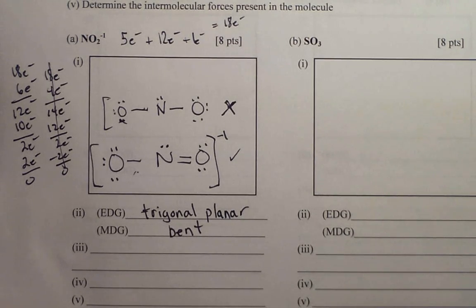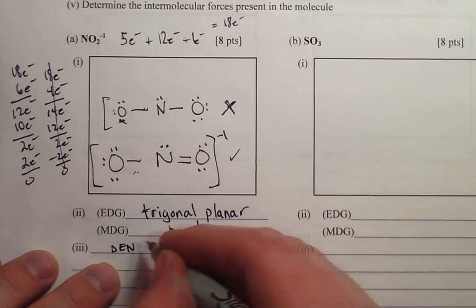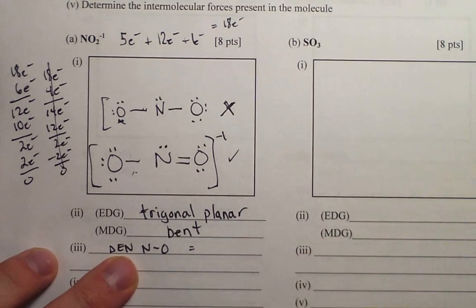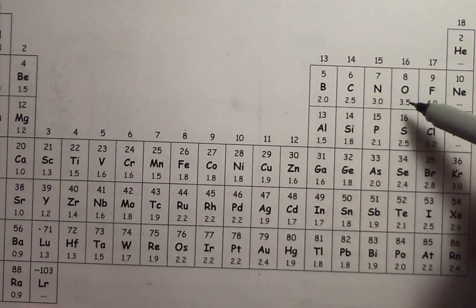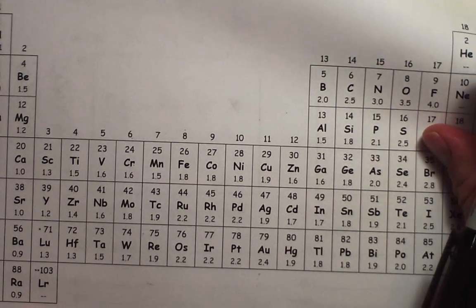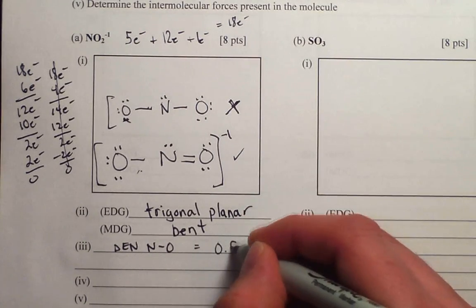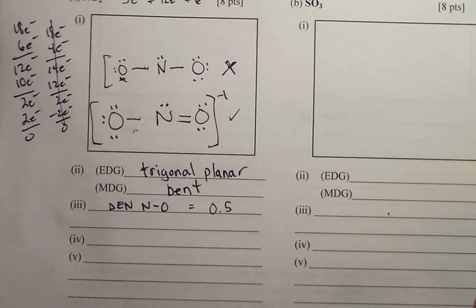Question 3, it says determine the polarity of the bonds. So the difference in electronegativity for a nitrogen-oxygen bond is equal to, pull this out if we need to, nitrogen is 3 and oxygen is 3.5. So the difference between those is 0.5, which we have decided is not polar in this situation, or very, very weakly polar.